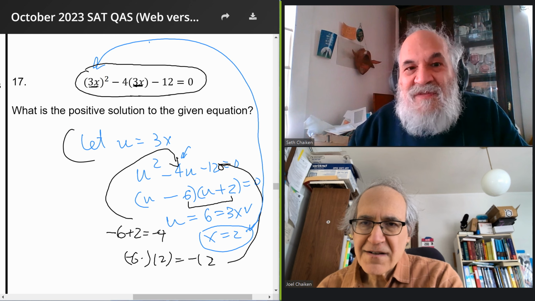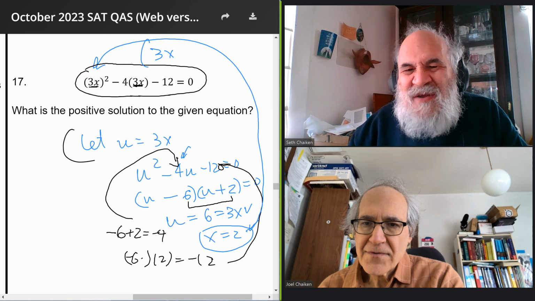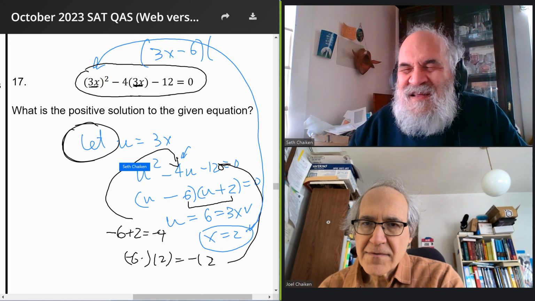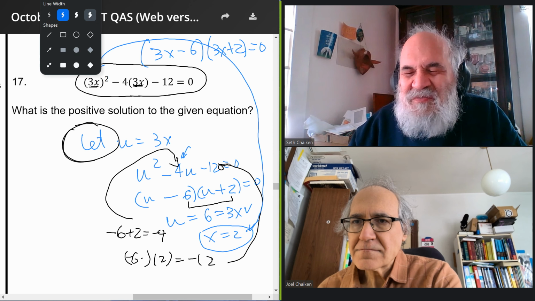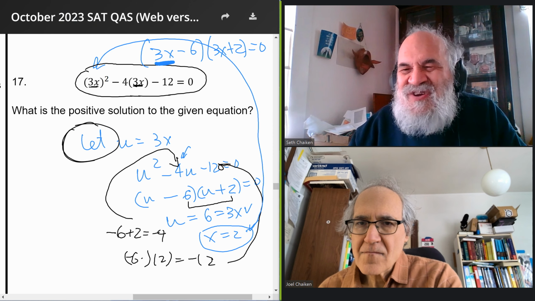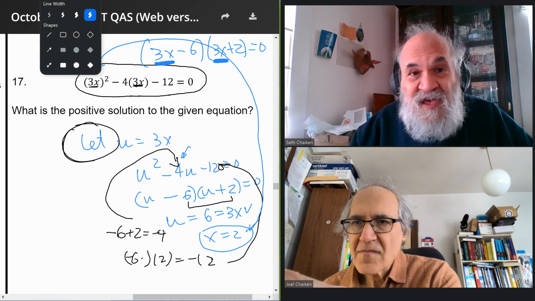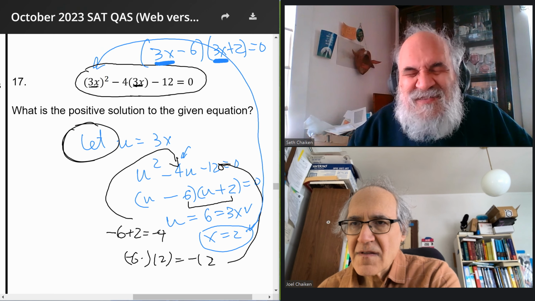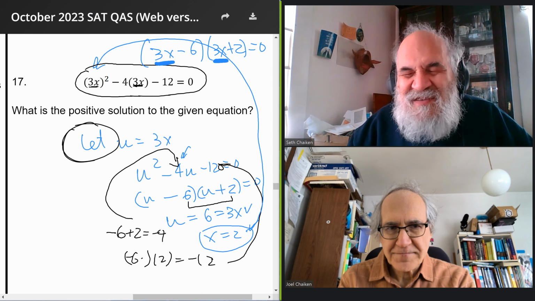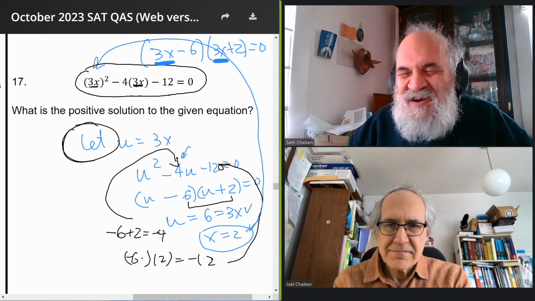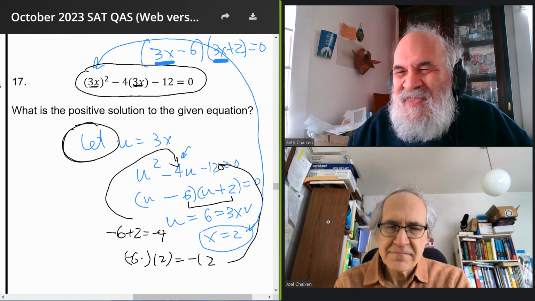The principle behind all this let business is not an arbitrary, unexplained application of a standard rule. It's that 3x stands by itself. The only place x, the unknown, appears is with a 3.